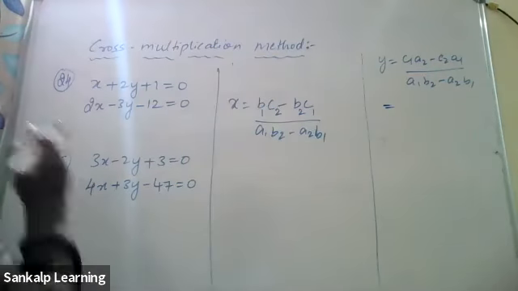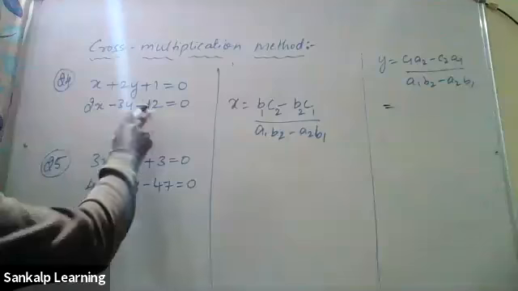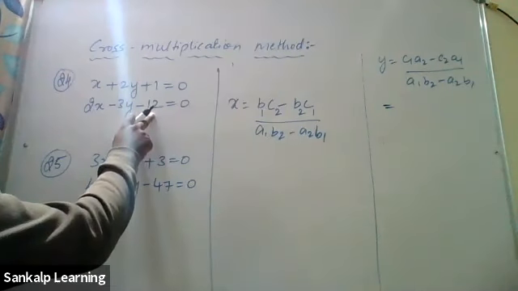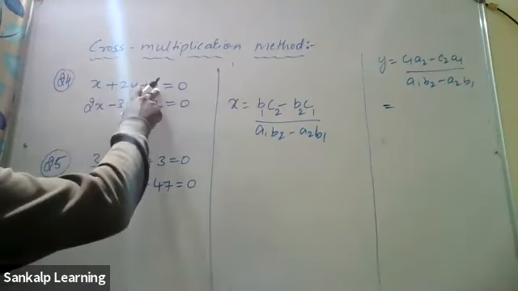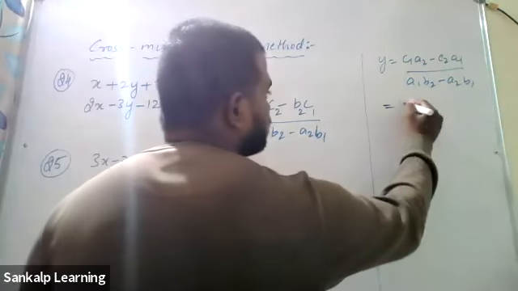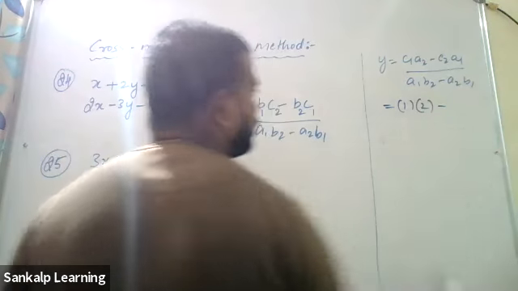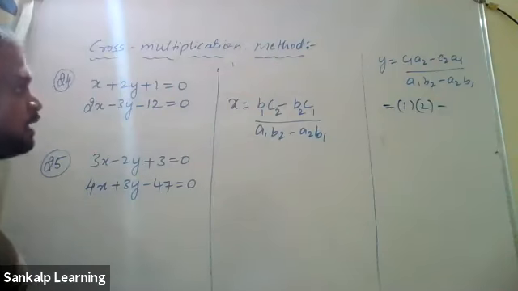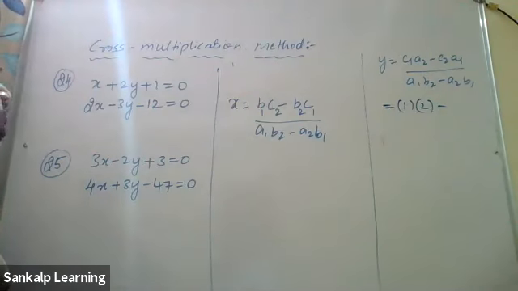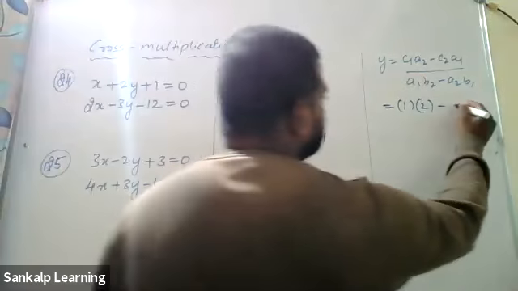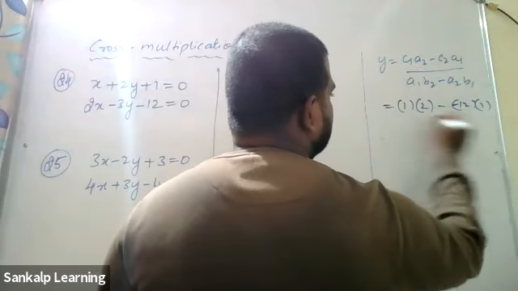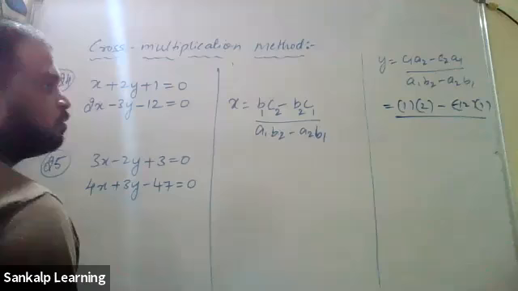Okay. C1, A2. So what is C1? C1 is 1, A2 is 2. So it is 1 into 2. I'm doing it directly. C2, A1. C2 is minus 12. A1 is 1. So minus 12 into 1, divided by A1 B2.